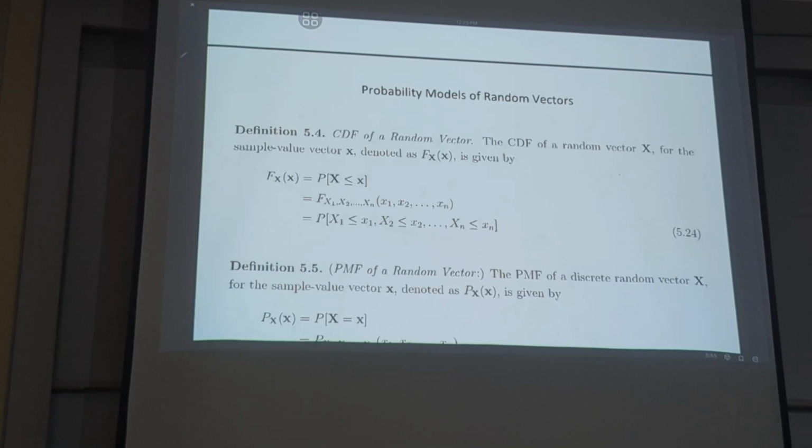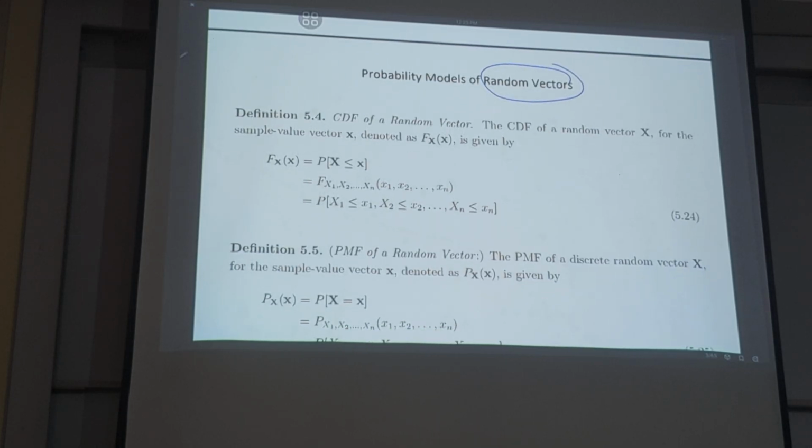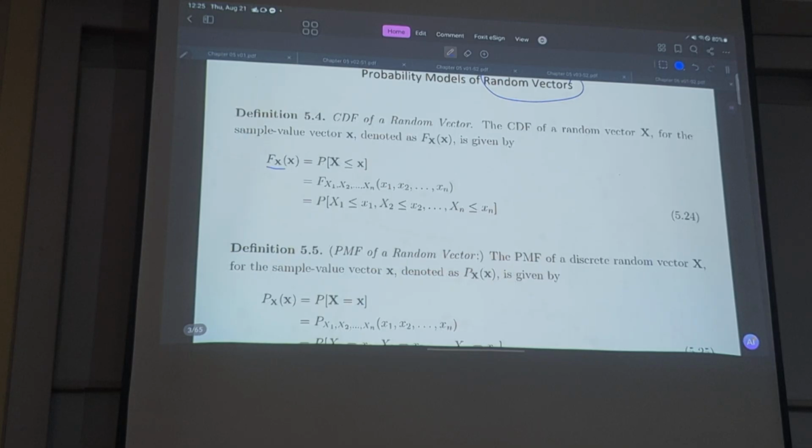Now, probability models for random vectors. The CDF of the random vector X for the sample value vector small x is what? Probability that X is less than or equal to x. Do you understand this?